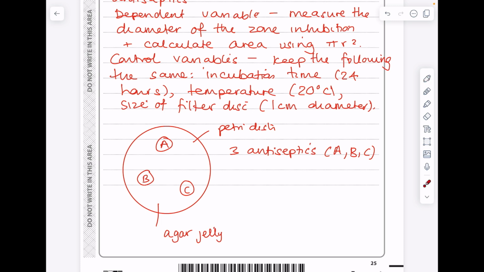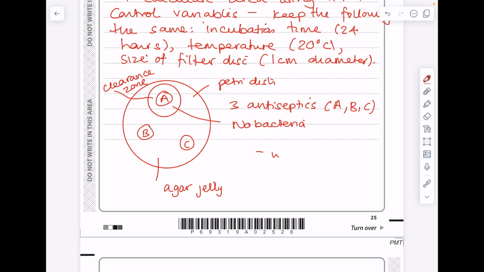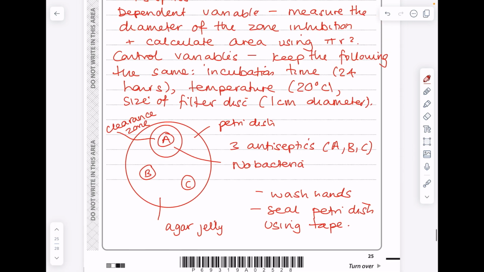So when I said measure the diameter, you're measuring this diameter here in terms of the clearance zone produced by the antiseptic, because you'll expect there to be no bacteria because it's been killed. A few extra details: wash hands, seal Petri dish using tape. You don't have to write everything, but here's a selection of things I think are important in order to get your 6 marks.